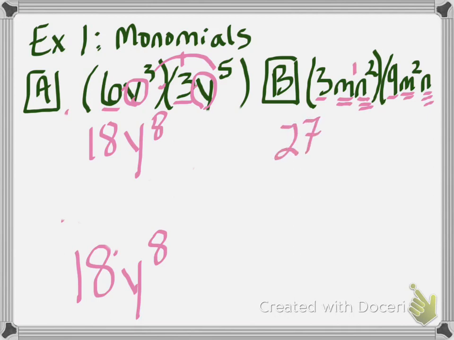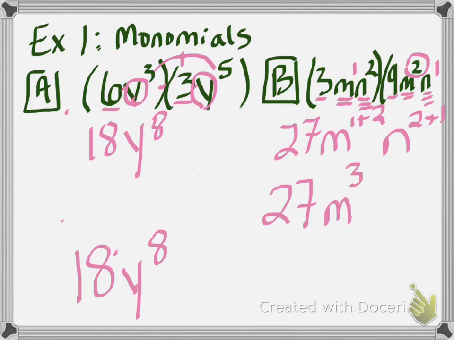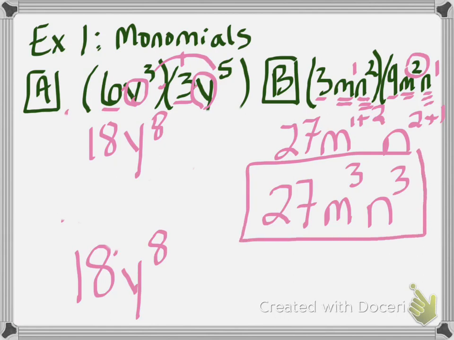M, this is like m to the first, so m to the 1 with another m squared is 1 plus 2. And then we have n, 2 plus 1. The end answer would be 27, m to the third, and n to the third. So 27m cubed n cubed.